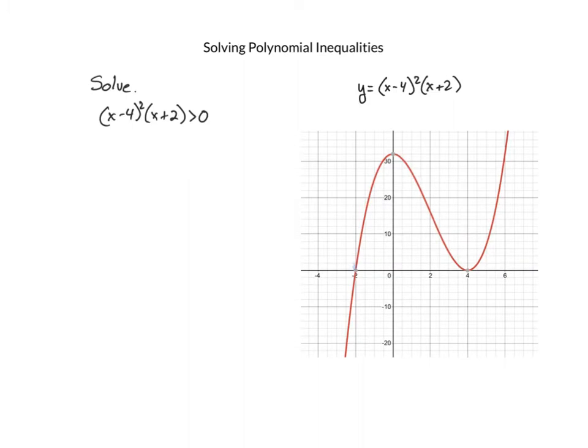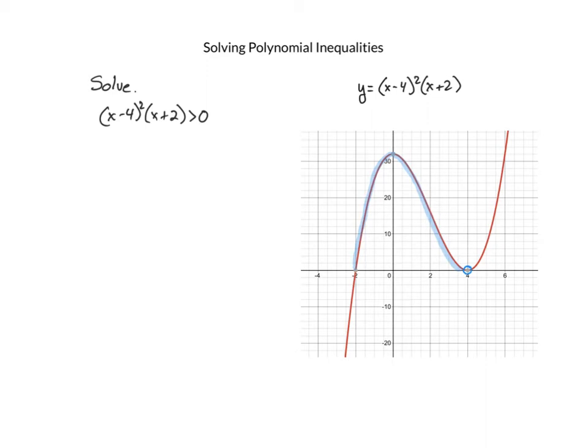So looking here at the graph, notice between -2 and 4, the graph exists above the x-axis, but it doesn't exist above the axis at 4. So I'm going to just put an open circle there to remind us that it doesn't exist above right there at 4.